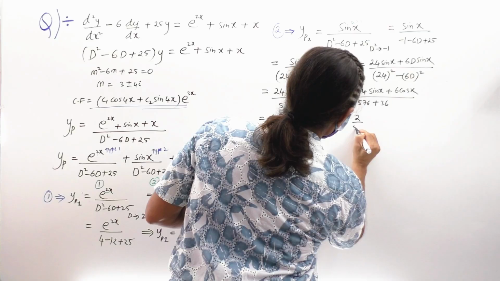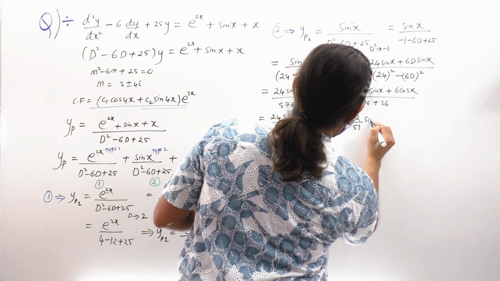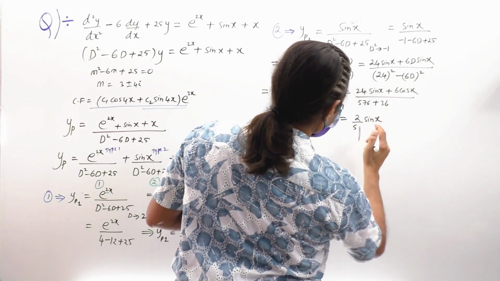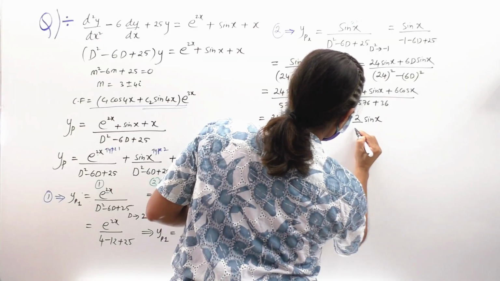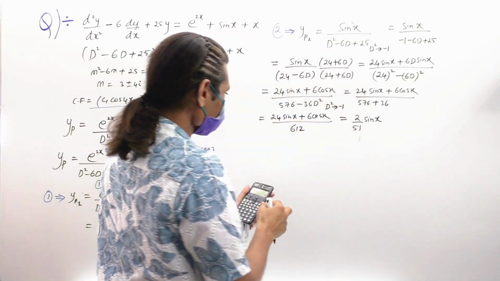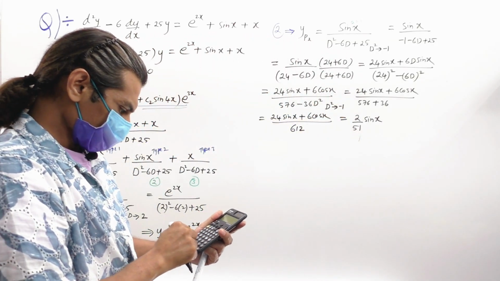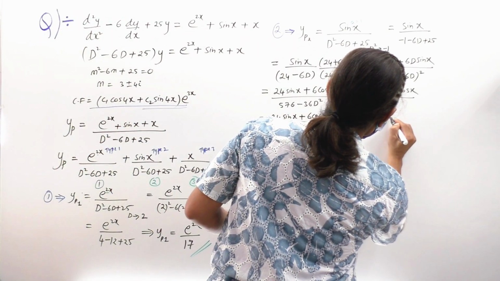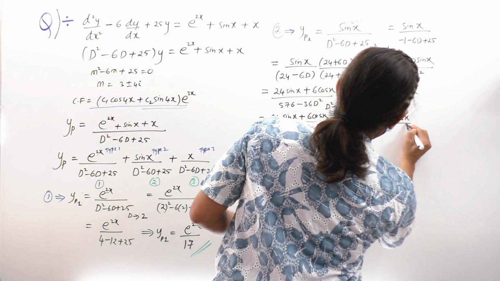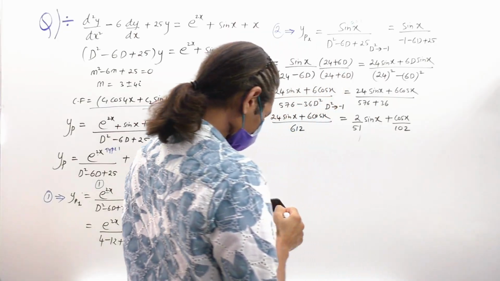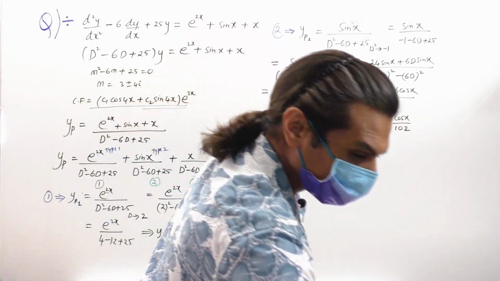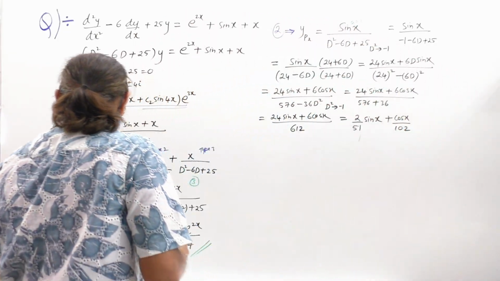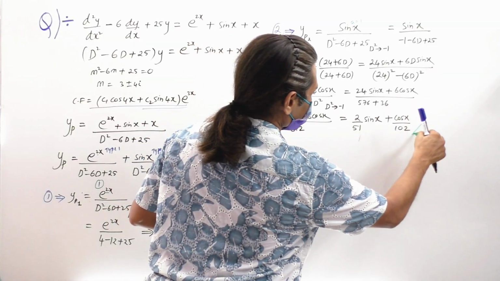So 2 by 51 sin x, and what is 6 by 612? 6 divided by 612 is 1 by 102, that is cos x by 102. That's it. Now what I got here is the particular integral for the second.